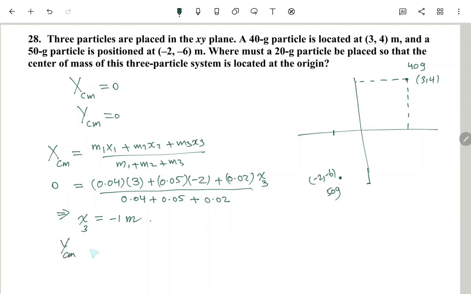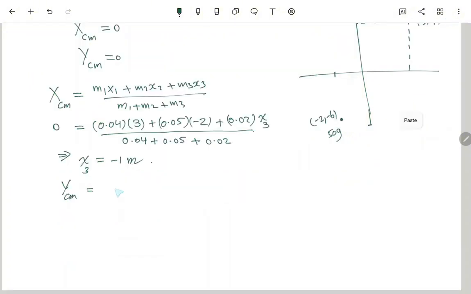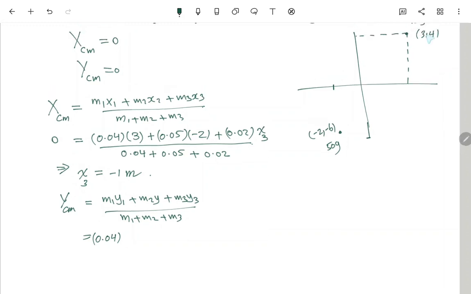Now Y center of mass equals M1 Y1 plus M2 Y2 plus M3 Y3 divided by M1 plus M2 plus M3. Now let's substitute the numbers. So 0.04, and the Y position for the first object is 4, plus 0.05, the Y position is -6, plus M3, it's 0.02, and again we don't know the Y3 position, divided by the total mass, 0.04 plus 0.05 plus 0.02.